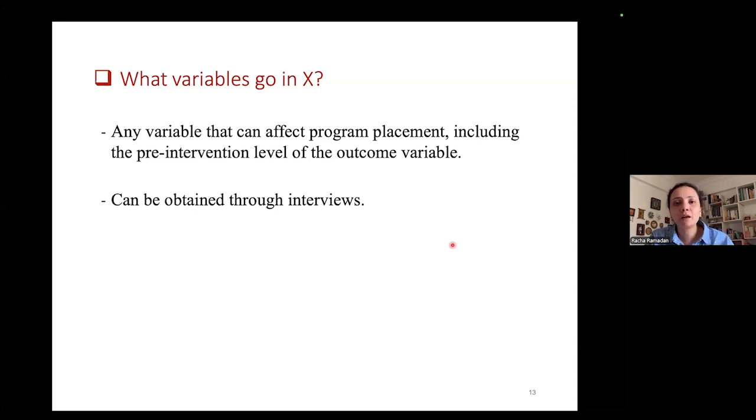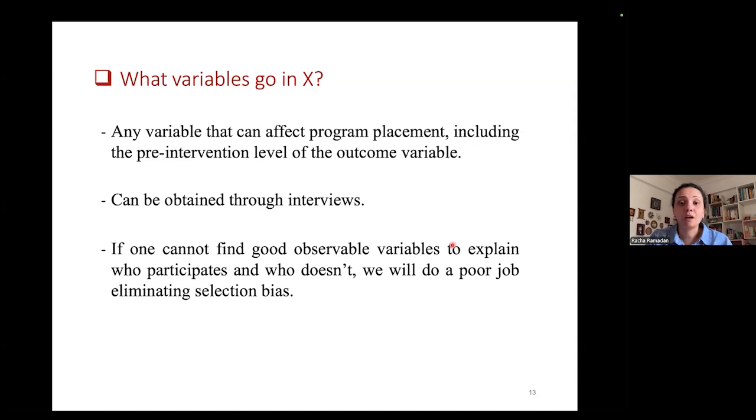Also, it can be done through interviews. If it's a new program and I am not sure what the variables are that affected selection into the program, I can start talking with the designers of the program and with the beneficiaries, trying to understand what the observable characteristics are that may affect the selection and also affect the outcome variable.